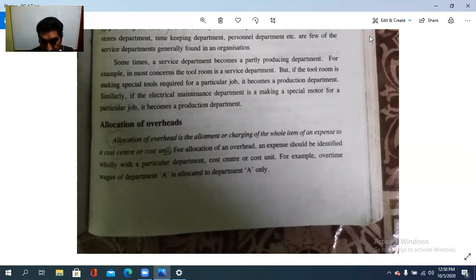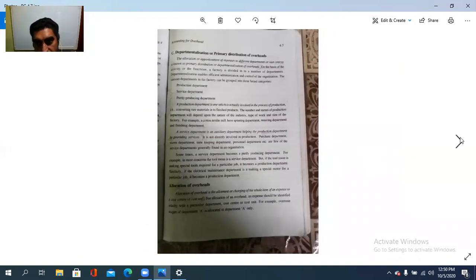So that is the case with regard to allocation. Allotment or charging of the whole of the expenses or the item of an expense to a particular cost center or cost unit. That is the allocation of overheads. 2 marks, okay? It is a question that can be asked.